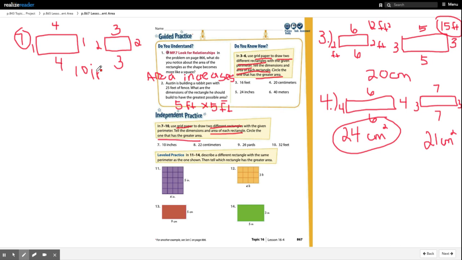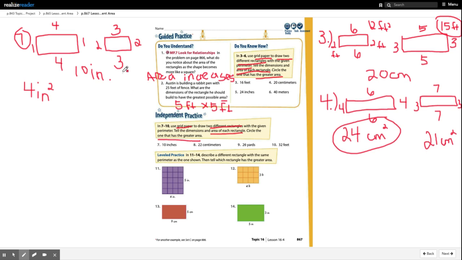But are we done yet? No, you're right, we're not. Now we need to find the greater area. So now we need to multiply. Let's take this rectangle first. 1 times 4 will give us 4 inches. Or, as I mentioned, to be fancy, to be specific and precise, 4 square inches.